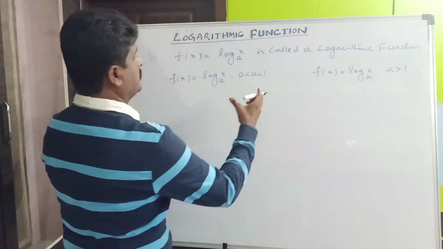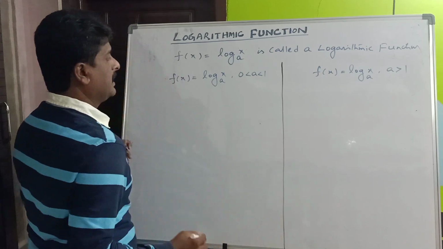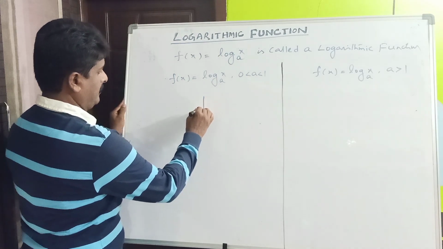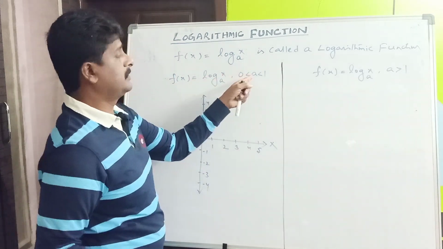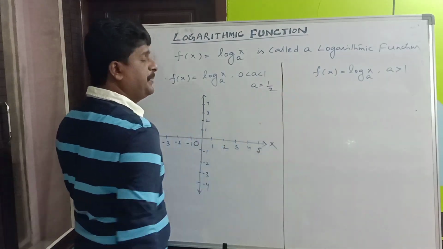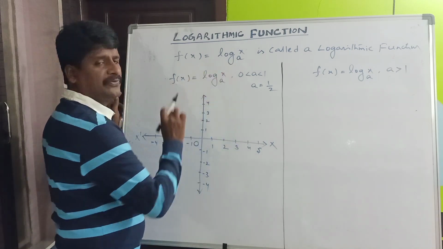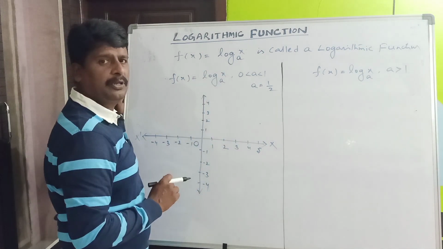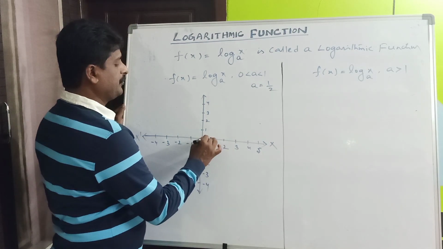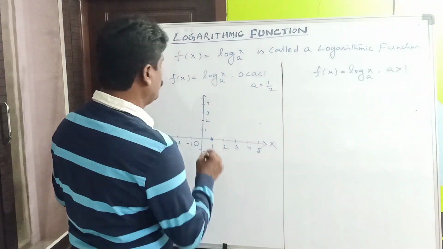Okay? Now you see the graph of the logarithmic function. Suppose a value 1/2, for example, which lies between 0 and 1. Now it looks like log x base 1/2. Here x is the variable, that is our independent choice. Put x equal to 1: log 1 base anything is always 0.